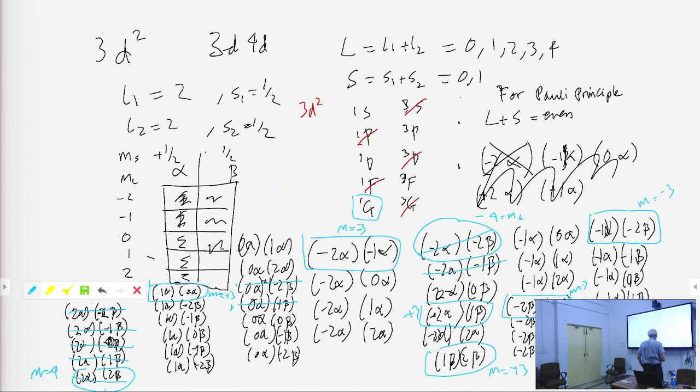There should be a beta beta somewhere, minus 3 somewhere. Must be here somewhere.